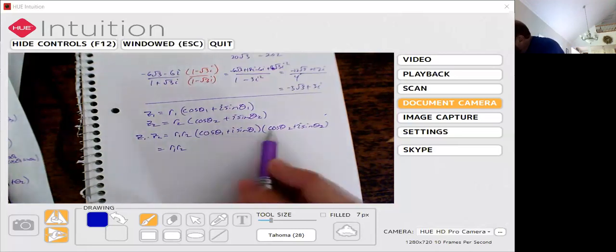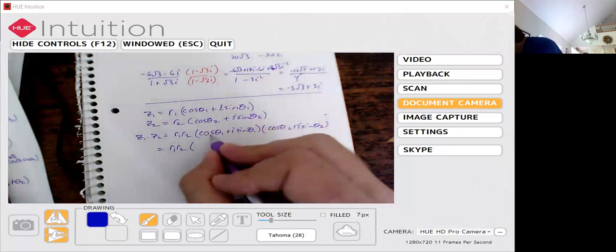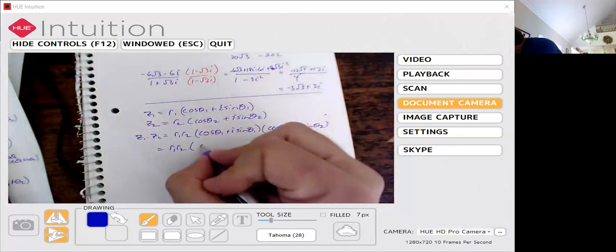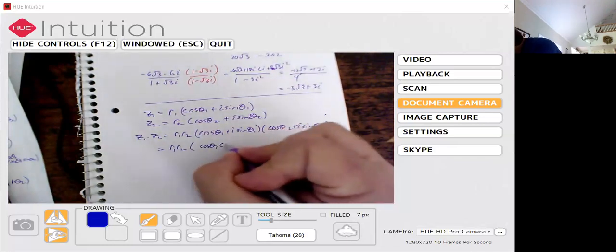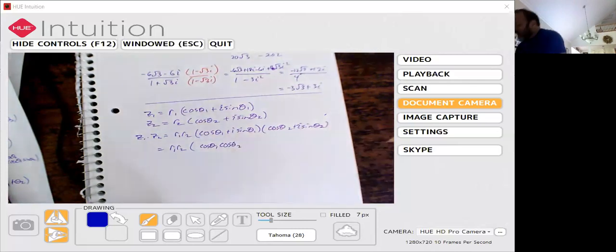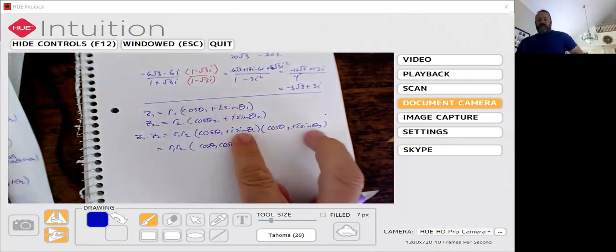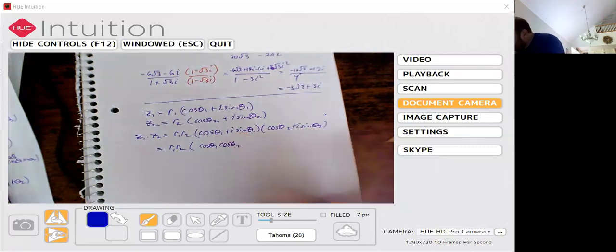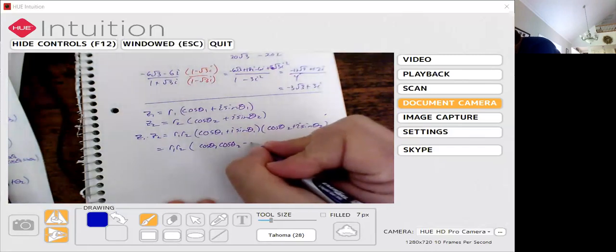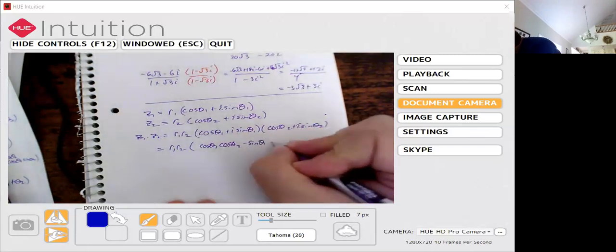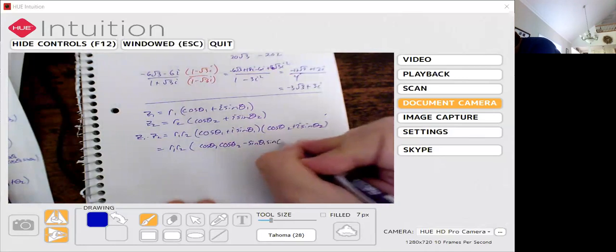Notice this first product, cosine theta 1 cosine theta 2, is real. Also, this portion right here would also be real, because if I multiply i sine times i sine, that would be i squared, which is negative 1, times sine theta 1 sine theta 2.